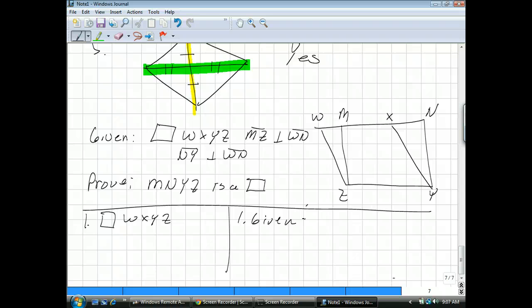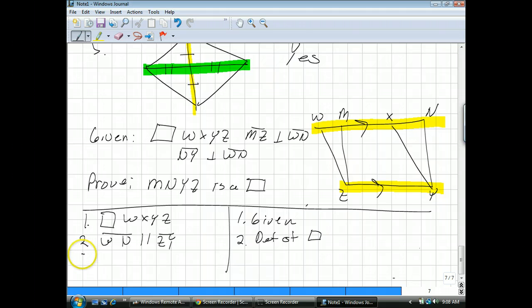So that means that WN is parallel to XY. So we know that this is parallel to this, and that's by definition of parallelogram. So we know that is parallel to that.